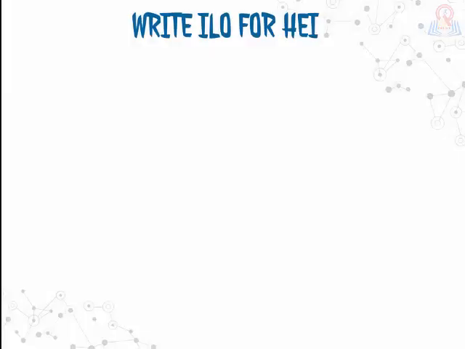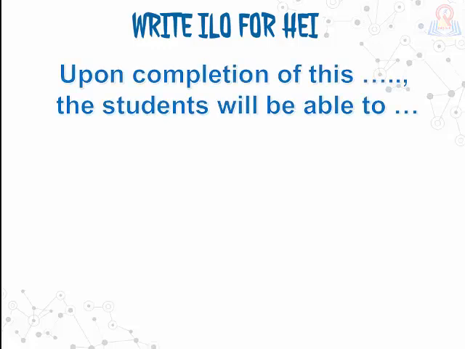So let us see how to write an ILO for a higher education institution. Normally, our institutions are called higher education institution because the higher order thinking process takes place in this institution. So let us reform our intended learning outcomes using these levels. These levels are originally proposed by Bloom and later updated by Anderson.